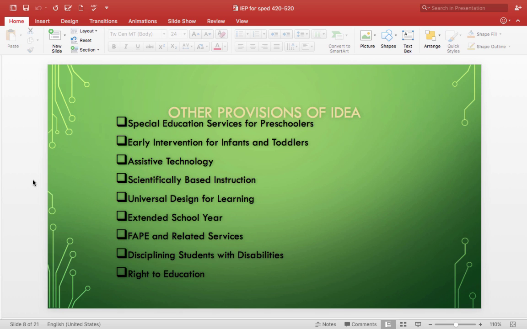It's also very important to make sure that we have that assistive technology person helping out with evaluations. We want to look at universal design for learning. And many of these children often qualify for ESY, or Extended School Year Services. And again, we always want to look at FAPE.